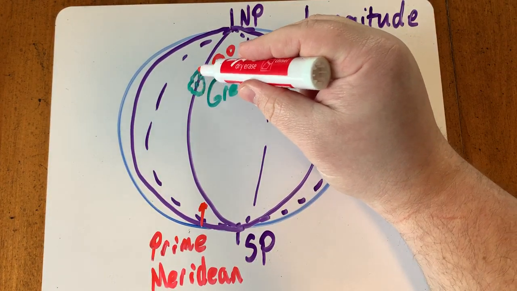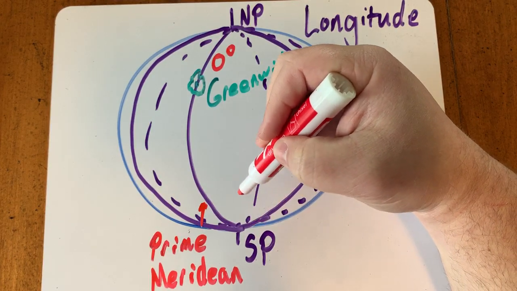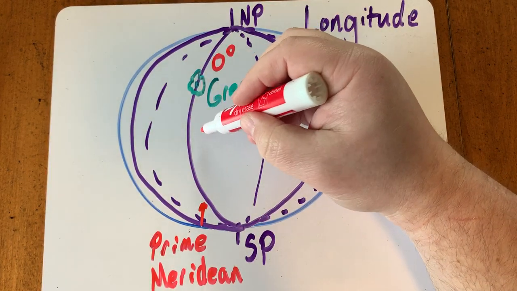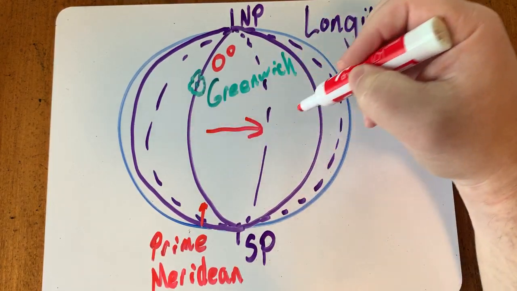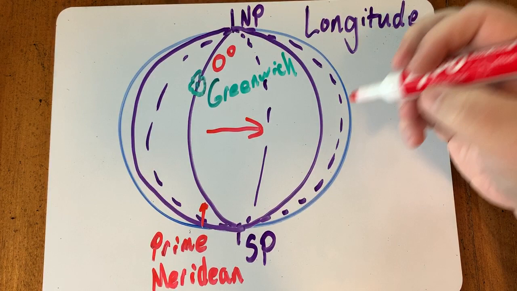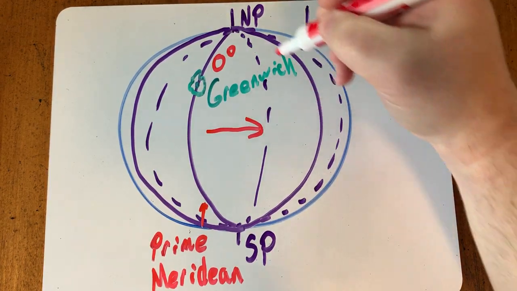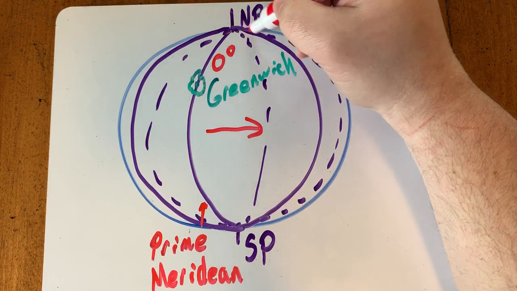So from this great circle, if you go to the right, that's going east. So that means like this one would be, say, the angle between these two circles.